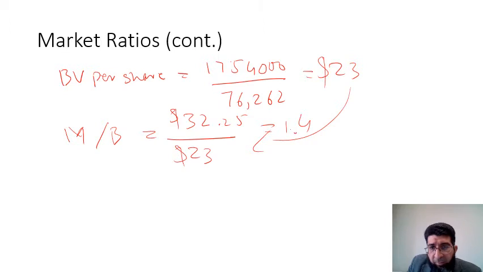Now, 1.4 is a positive figure, which means the market is actually lending higher credibility to the company's future compared to what it holds in its financial statement. So book value is what it holds in its financial statement. Market tells us what its future is, how much earning capacity it has in the future. So market is about future, book value is about historical.